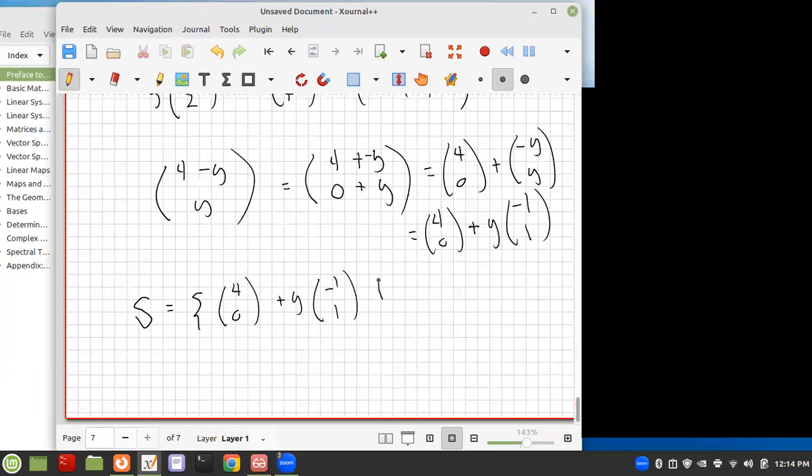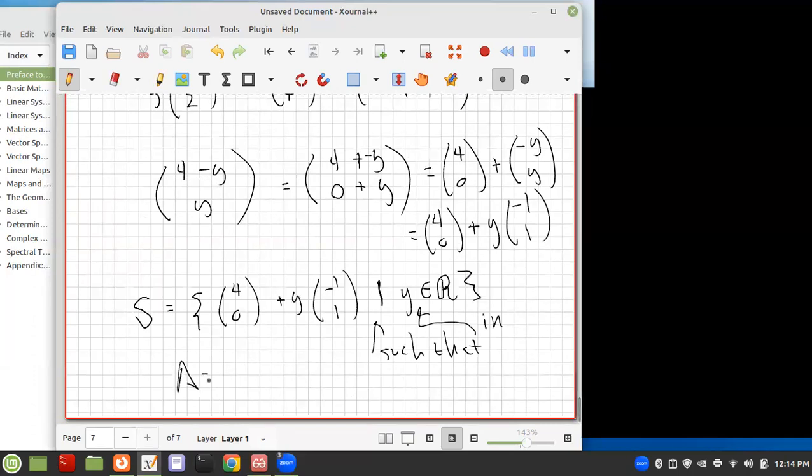Now this vertical bar here means such that, that's a little math notation thing, right? Such that y is any real number. This is the symbol for in. Like if I say A is the set 2, 3, then I say 2 is a member of A. This is one of these things in chapter 0 that reviews this little symbol here. So it's a very fixed pattern, and this is the form in which we'll write the solution.